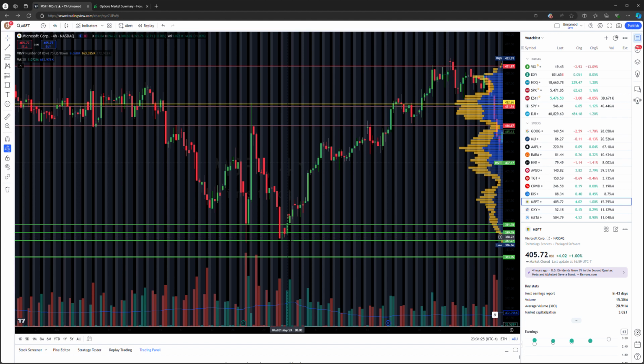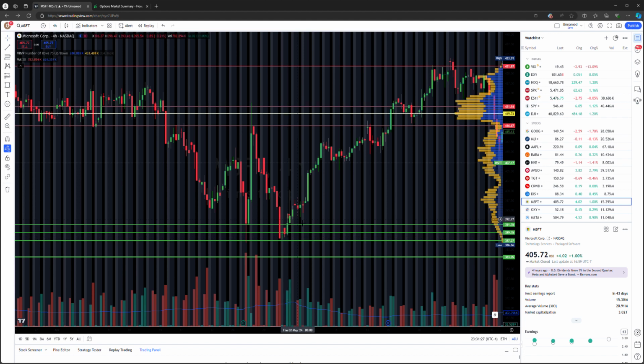But this is also why I've said you want to buy at least a few weeks on the contract, because even though this move initially only took 3-4 days, look how long it took to get back up there. It took quite a bit of time for that move to play out, okay? And as it gets up into that range, that's when you want to be scaling out of the position, okay? So, A to B movement.